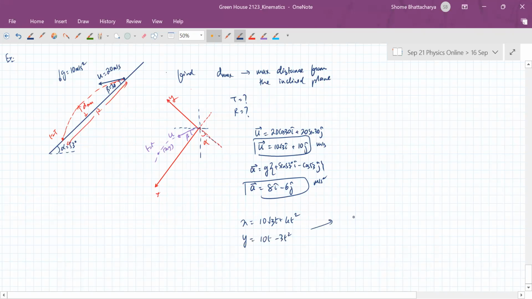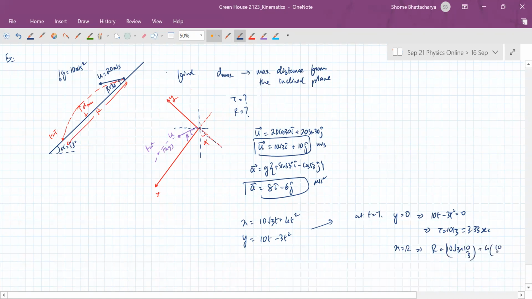So from this you can see that, first of all, at t equal to capital T, y coordinate is 0. So capital T will be 10 by 3, that's correct, 3.33 seconds.